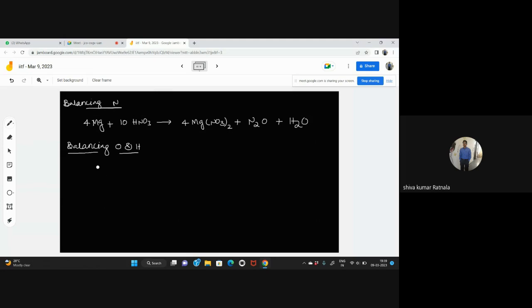Let me take 5 H2O. So 4 magnesium plus 10 HNO3 gives 4 Mg(NO3)2 plus N2O plus 5 H2O. Now count whether the oxygens are balanced. The left side has 30 oxygens. The right side has 24 plus 1 plus 5, which is 30. Balanced, no?